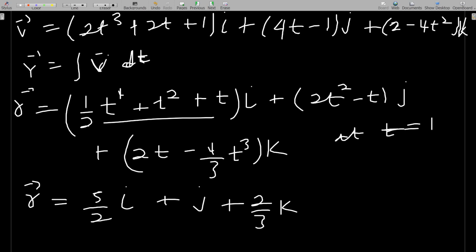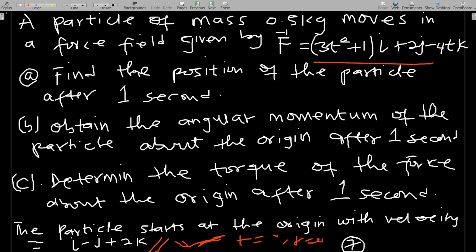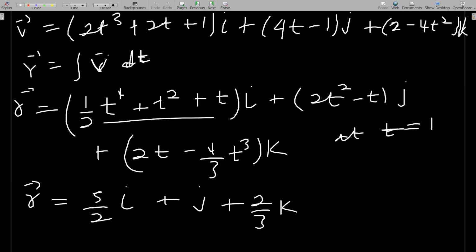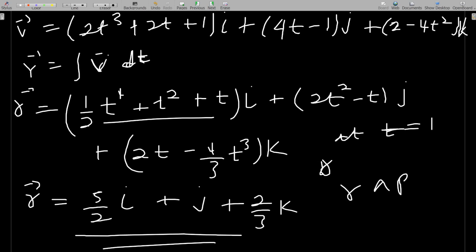So the next question, that is b, is asking us to do what? Obtain the angular momentum of the particle about the origin after 1 second. So after 1 second, there's our r, you keep it. The angular momentum is r cross p, where our p is what?